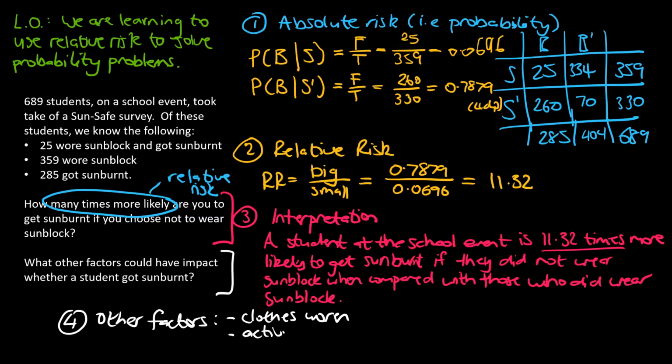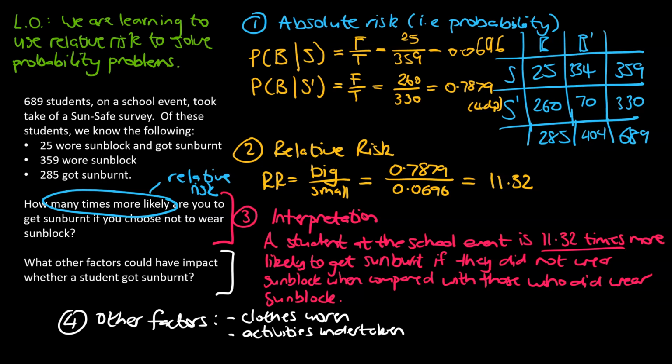Activities undertaken. So, for example, maybe if they went to a water park, if you were out and about, maybe you're on the hydro slides and you're exposed to the sun all day, you are far more likely to get sunburnt than someone who is maybe just sitting inside in the spa or maybe in the cafeteria, something like that.